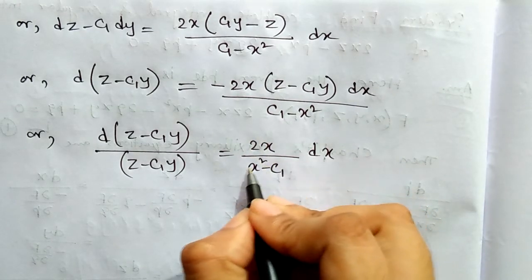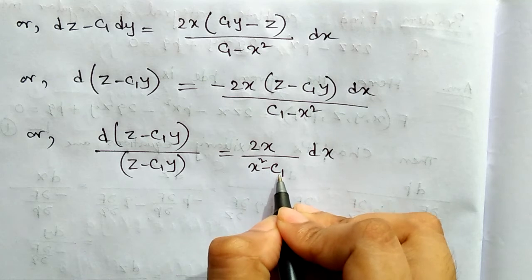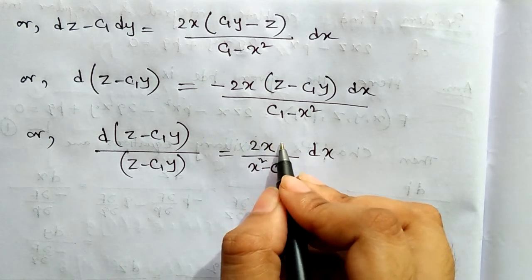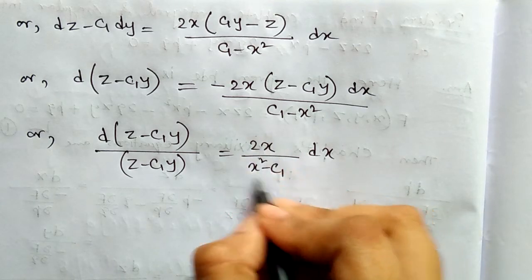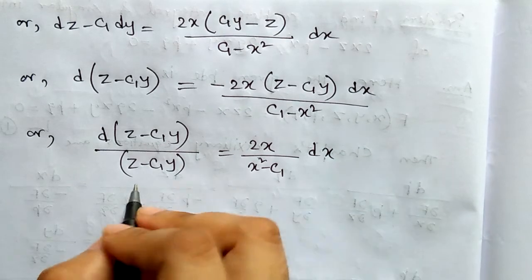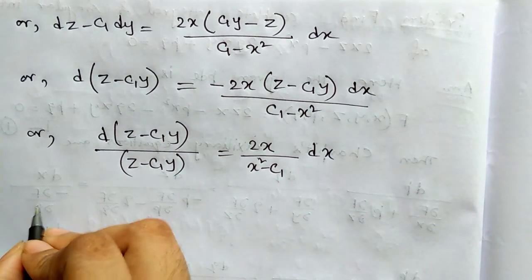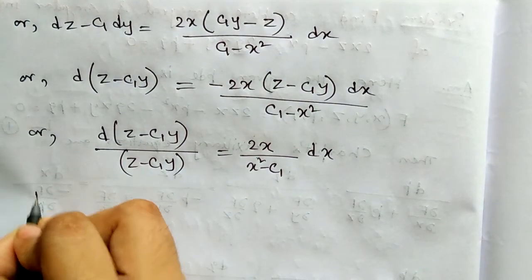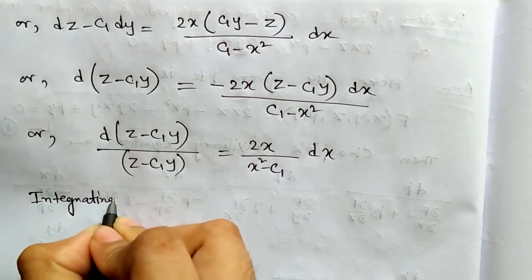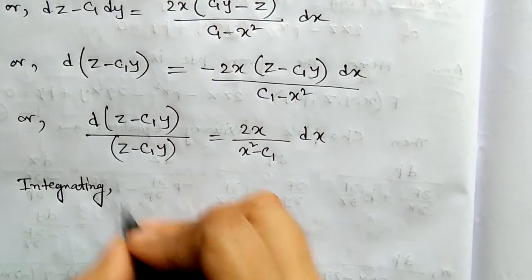So see, if f of x equal to x square minus c1, then in the numerator there is f dash x. So the form of this is f dash x by f of x dx. So integrating, we get what?